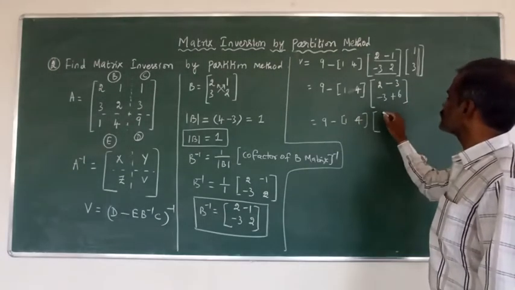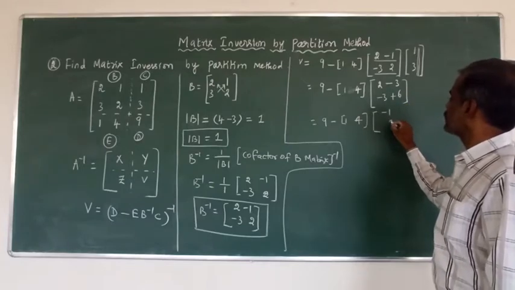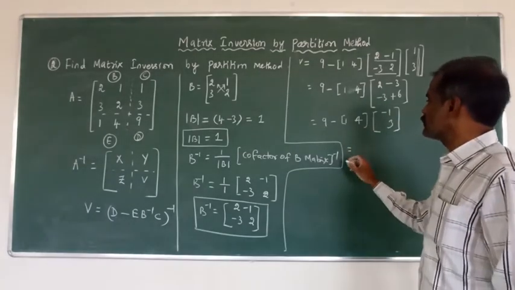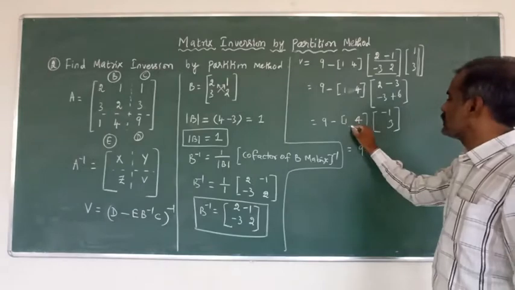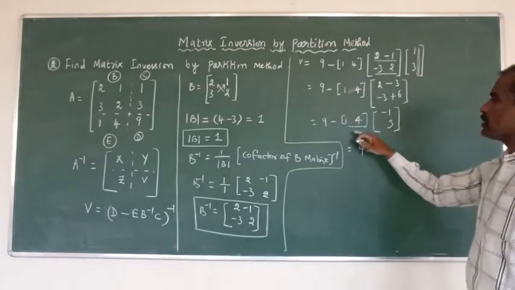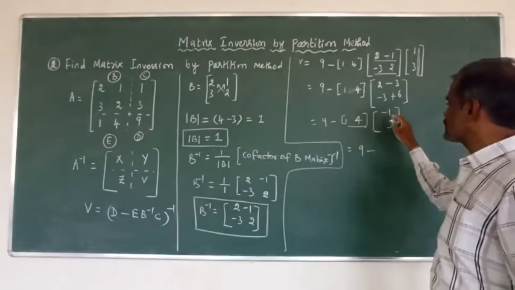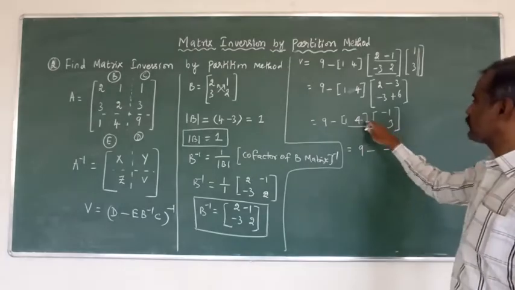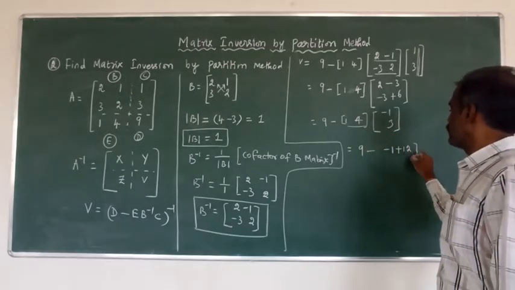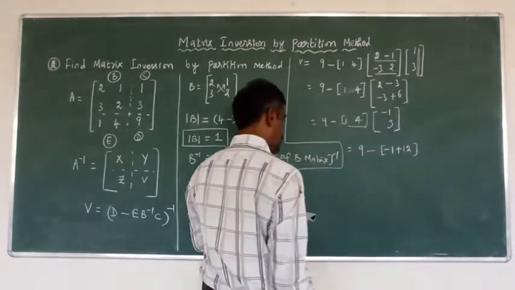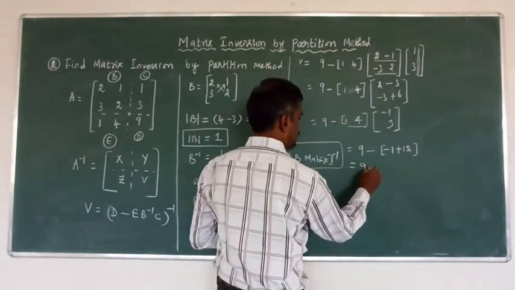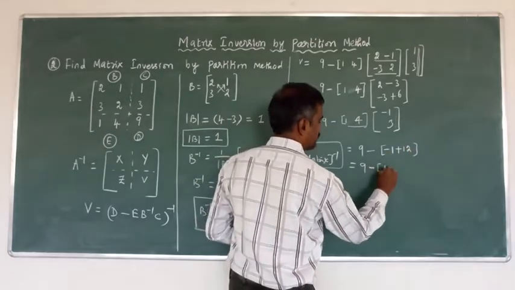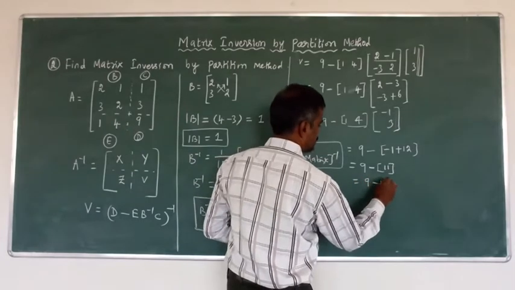and this is for minus 1 and 3 plus 3, minus 1 plus 1 3, equal to 9 minus, row 1 column 1, this is for minus 1 into 1 is minus 1, and then this is for 4 into 3 plus 12. Now result we can write 9 minus, plus 11. We can write 9 minus 11.